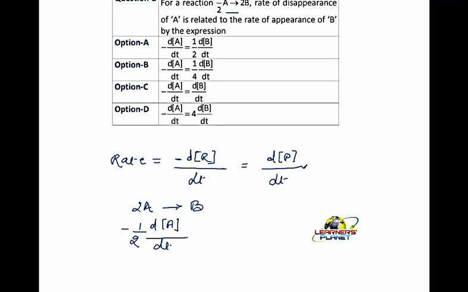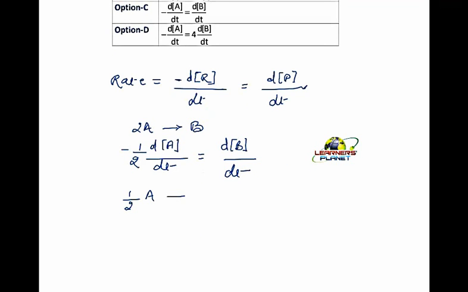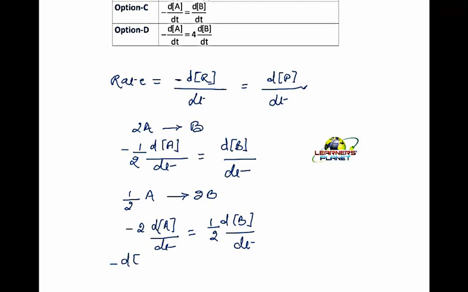Right? This is why it is 2. So it's 1 by 2, so it would be 1 by 1 by 2. Or the rate of disappearance of A in a small unit time dt will be equal to 1 by 4 d, that is the appearance of B.